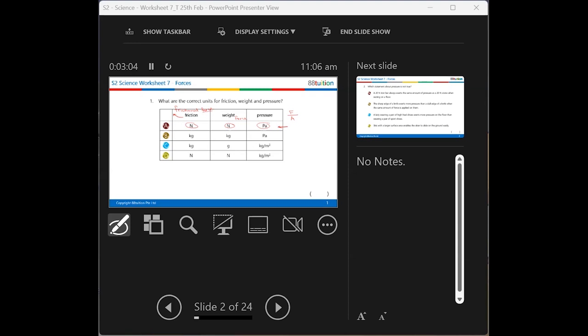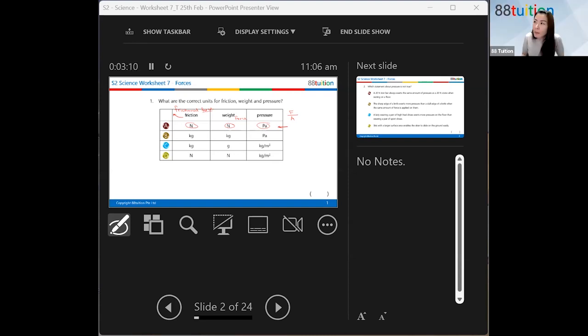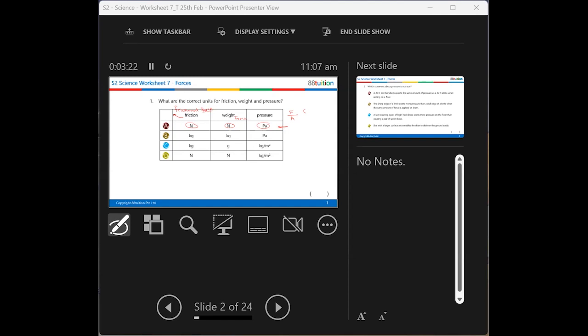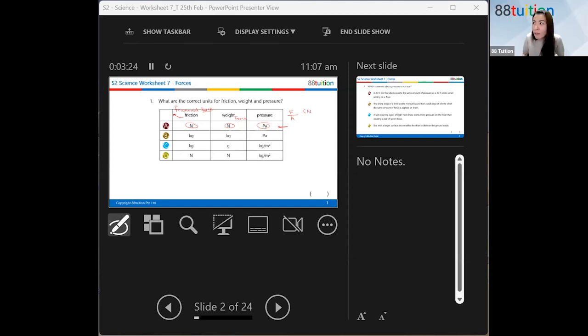What is force? What's the unit for force? I don't know. Okay, unit for force is actually newtons.